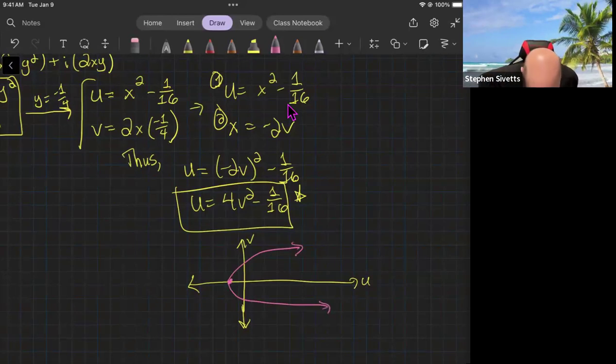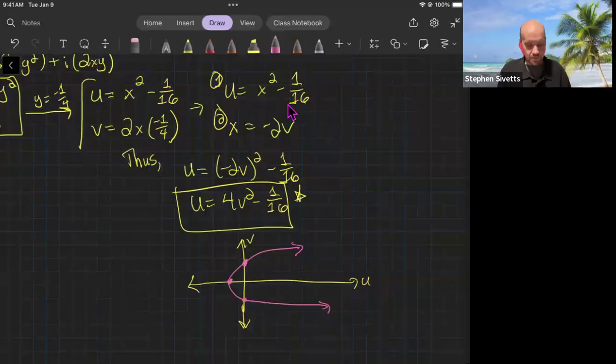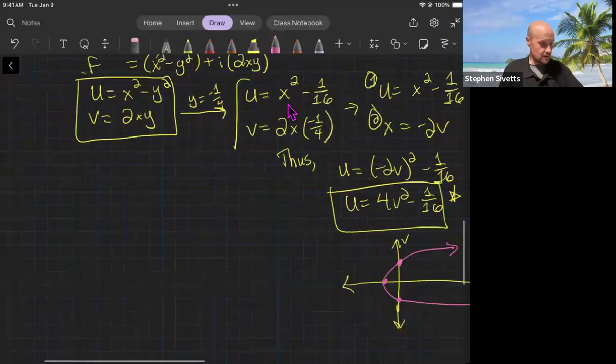It crosses the u axis at -1/16, and v is plus or minus 1/2 where it crosses the v axis. So that would be the image.